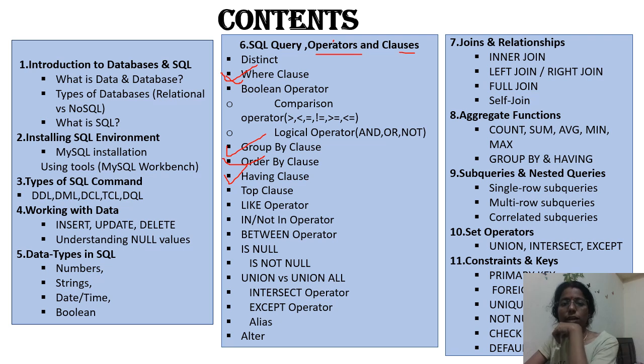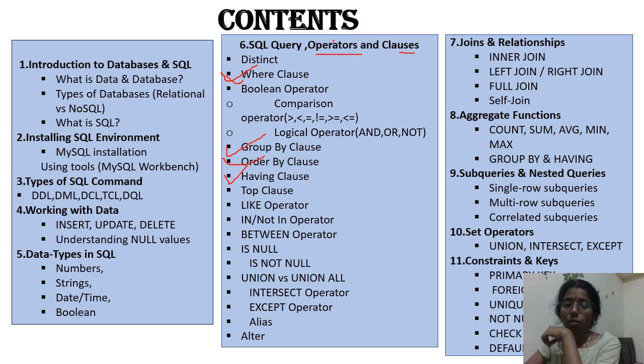Whenever we use group by and having, they take the help of aggregate functions. That's your shortcut, you can remember. Then top clause, whenever we want data like top 3, top 4 data, top 3 books, likewise, that time we'll take the help of top clause.